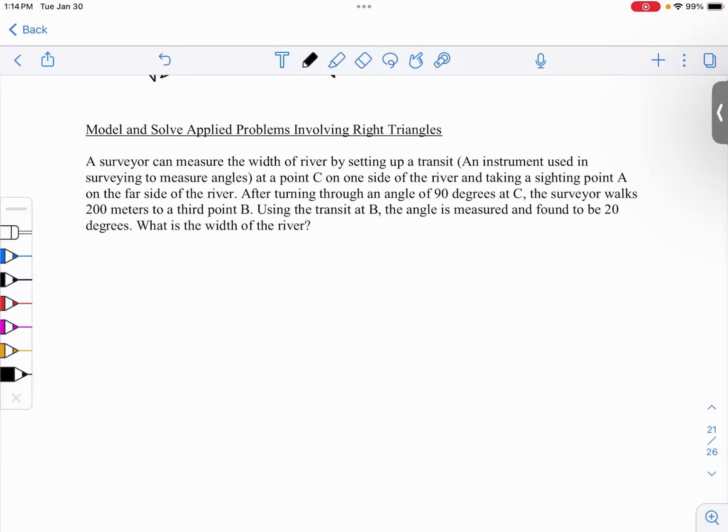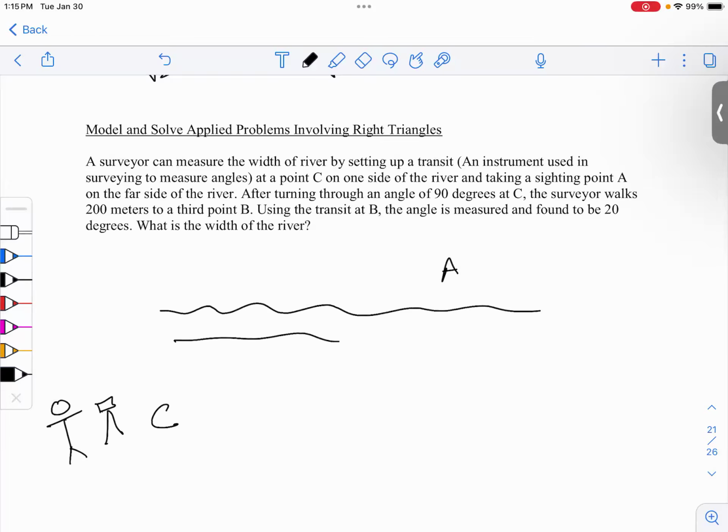Okay, so we start out, and a transit is like a tripod, it kind of looks like this, right? The guy looks through it. So he starts out at point C. He's measuring a point on the other side of the river, which we are calling point A. And in here we have our river.